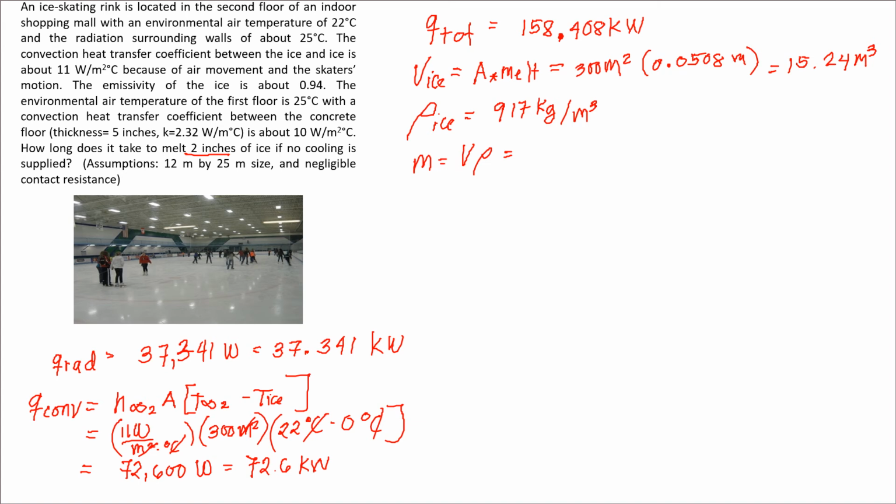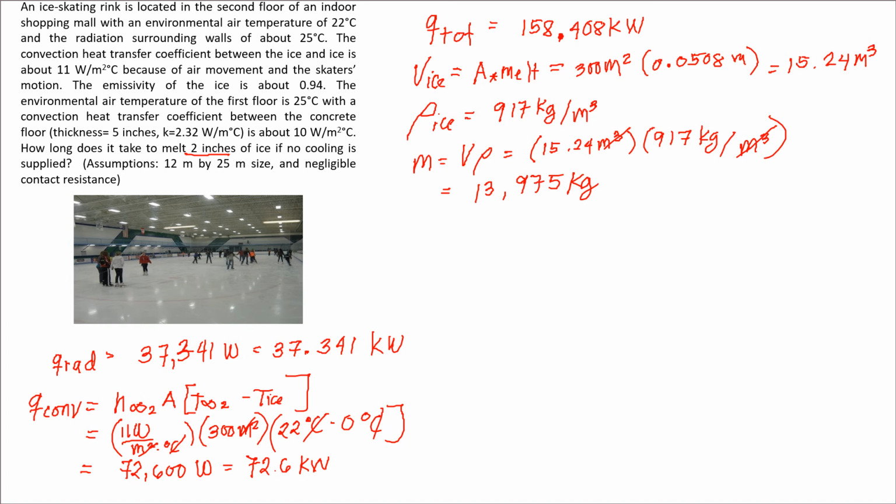So we multiply 15.24 meter cube by 917 kilograms per meter cube. We have the omission of the meter cube. So the ice to be melted is 13,975 kilograms.